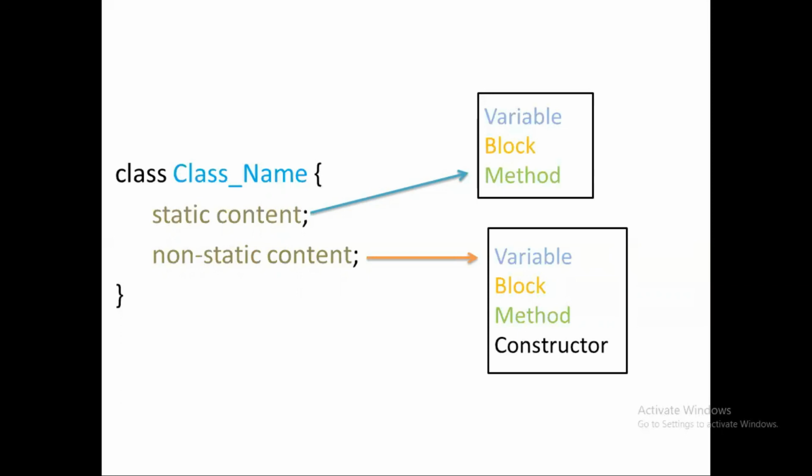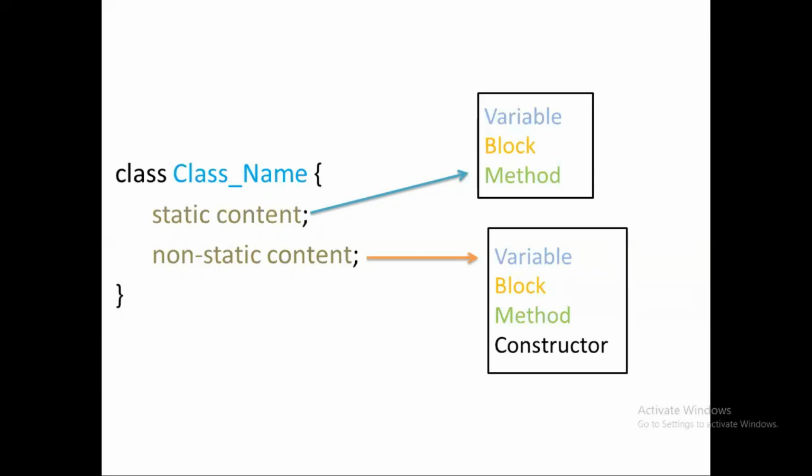For static content, no constructor is available. So a constructor always belongs to non-static content only. Static content could be a variable, block, and method. Non-static content could be a variable, block, method, and constructor.